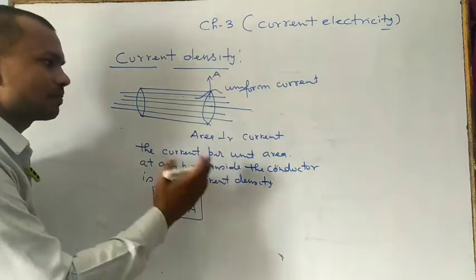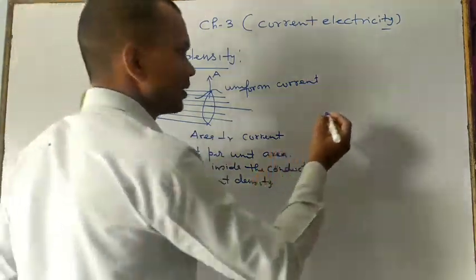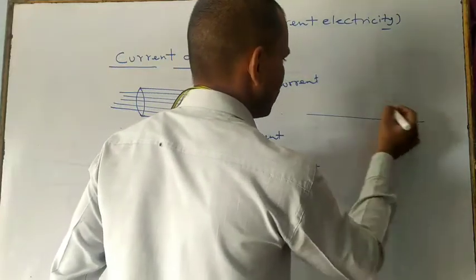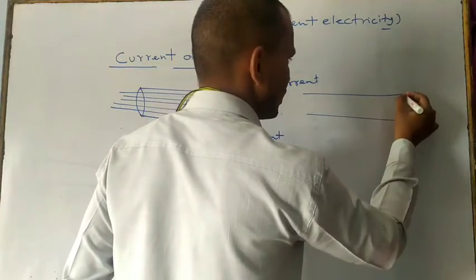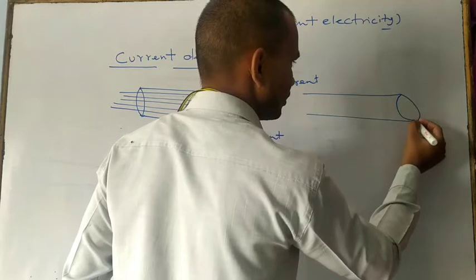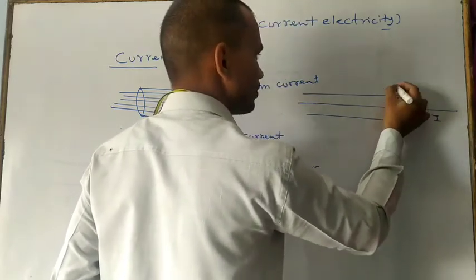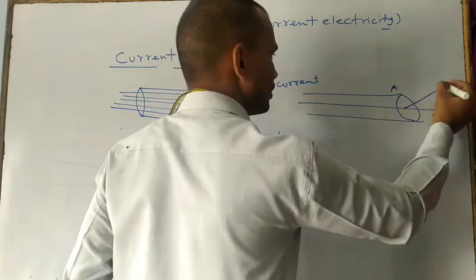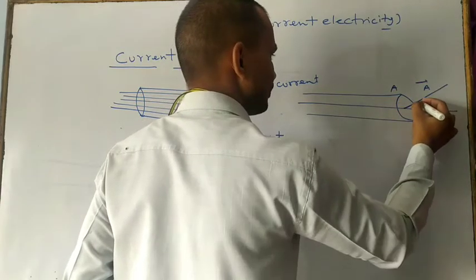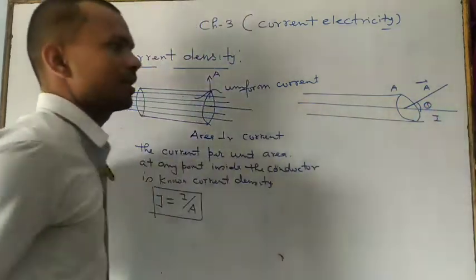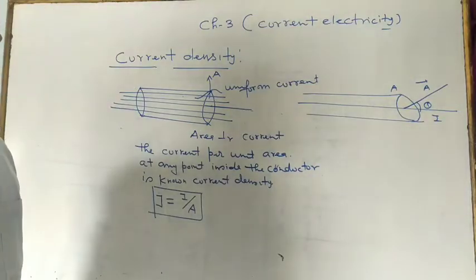Second condition is, suppose this area is not perpendicular, means suppose this is the cross sectional area we are going to consider, and this is the direction of the flow of current, and this is the area vector A, and it is making some angle with the direction of the electric current.